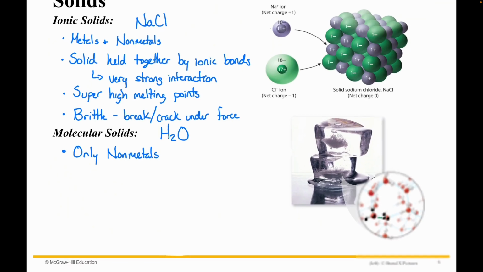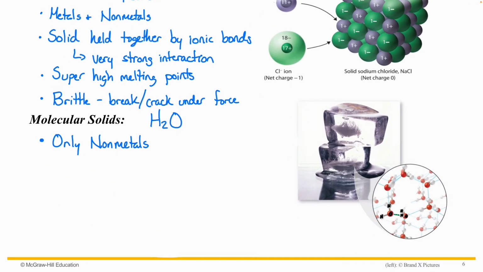All right? So our solid is held together by those intermolecular forces that we discussed. Right? Exactly which intermolecular forces are going to depend on what covalent compound you're talking about. All right?